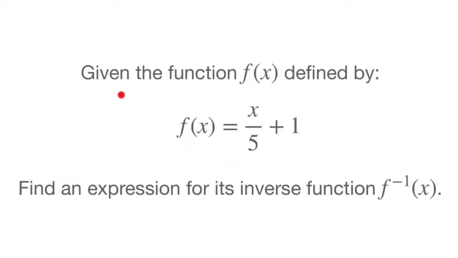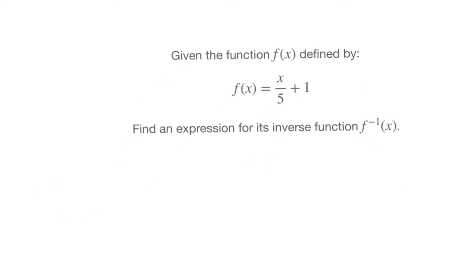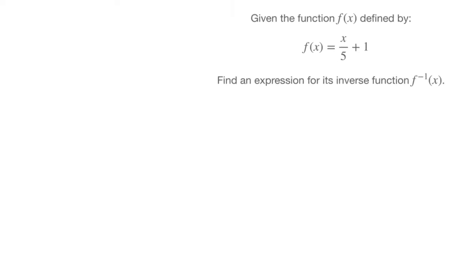Again, we're given a function f of x defined as f of x equals x over 5 plus 1. And we need to find an expression for its inverse function. As always, I'll start by moving the question to the side, like so. And so the function that we're dealing with is f of x equals x over 5 plus 1.